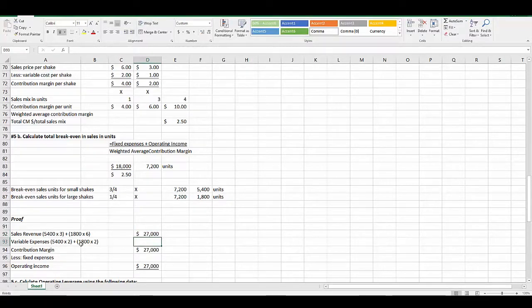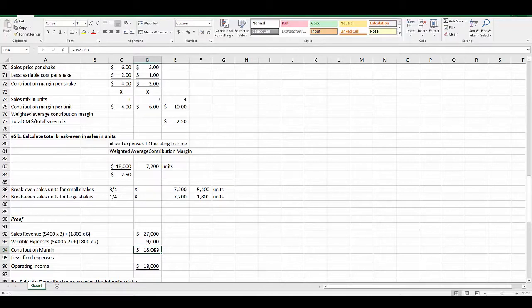And our variable expenses are the same, of course, for both units. So 5,400 times 2, 1,800 times 2, that will add up to $9,000. I forgot my zeros here, so that's better.